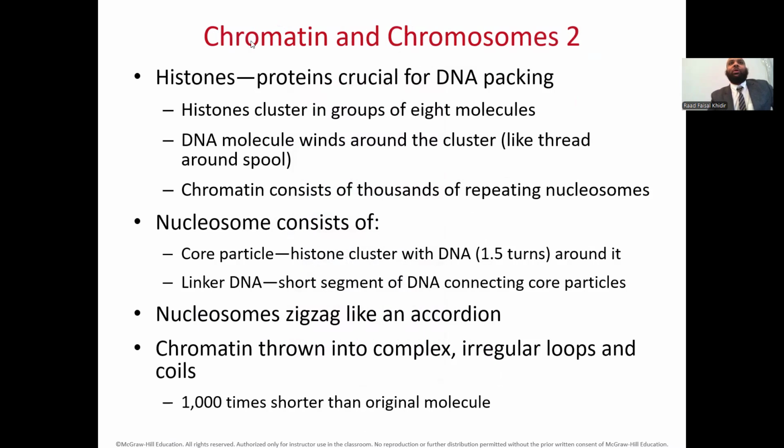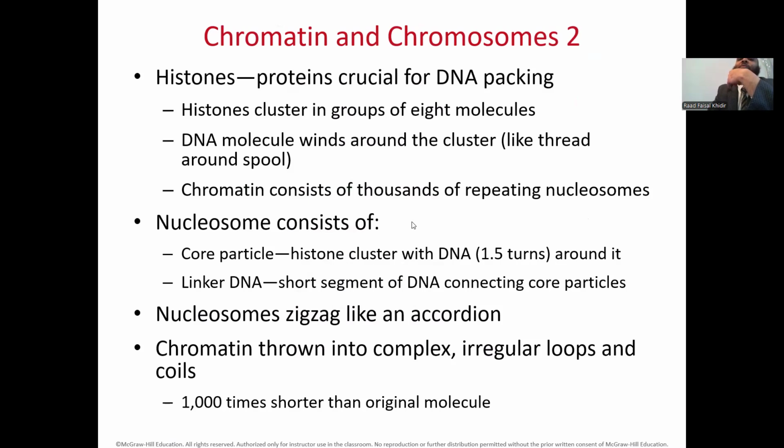Histones are proteins that are crucial for DNA packing. Histones cluster in groups of 8 molecules. The DNA molecule winds around the cluster like thread around a spool, and the chromatin consists of thousands of repeating nucleosomes.